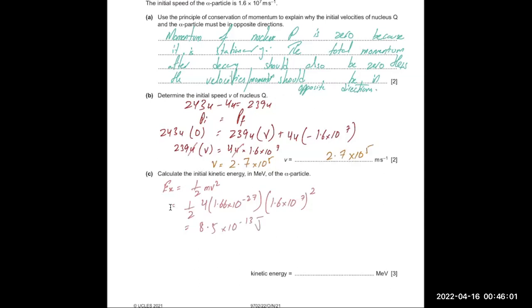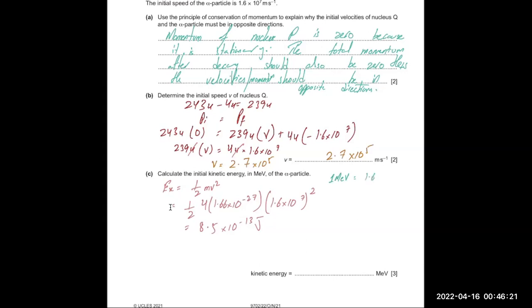Once I figure this out, there's only one conversion that I need to do: joules to mega electron volts. 1 mega electron volt is equal to mega, which is 10 to the power 6, multiplied by electron, which is 1.6 into 10 to the power minus 19.